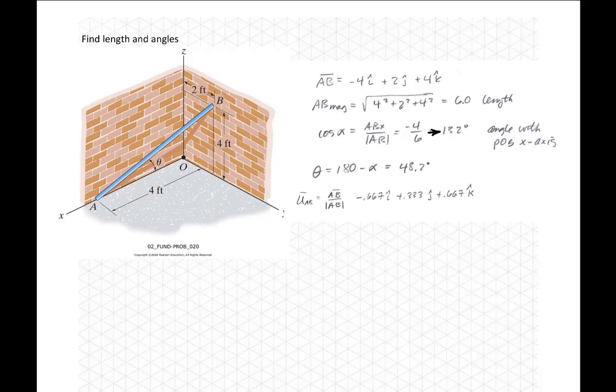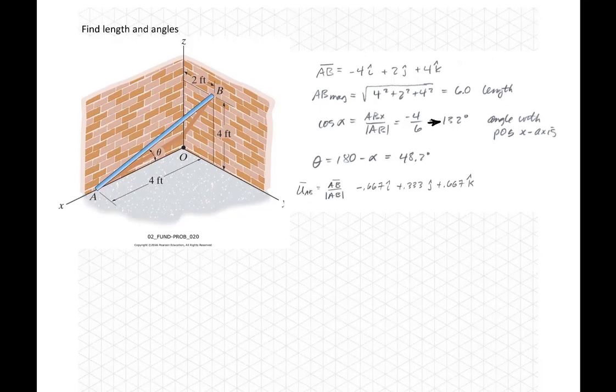So here's a fundamental problem, and we'll use our concepts here to see if we can discover something about this. So what we have is a little board or stick leaning against the wall, and it starts here at point A and goes to point B, and the objective is to find the length and the angles relative to the major axes.